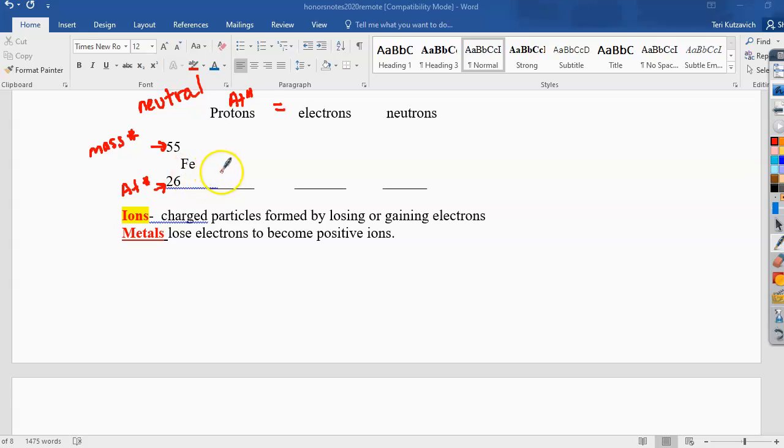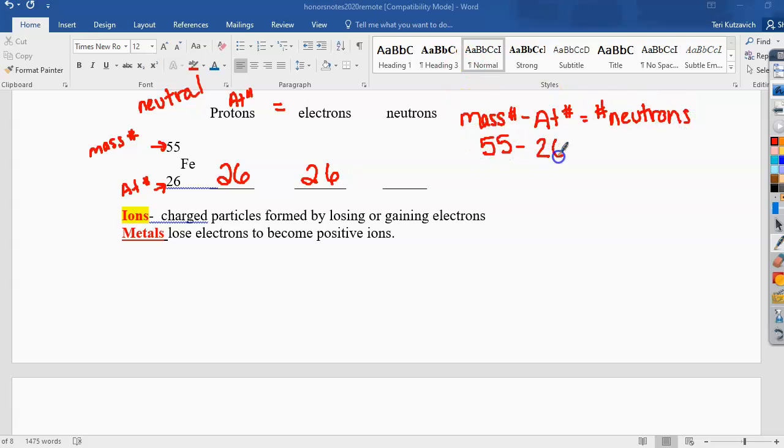So since the atomic number is 26, this has 26 protons, 26 electrons. To get the neutrons, it's mass number minus atomic number. So your mass number was 55 minus your atomic number of 26, and that leaves you with 29 neutrons.